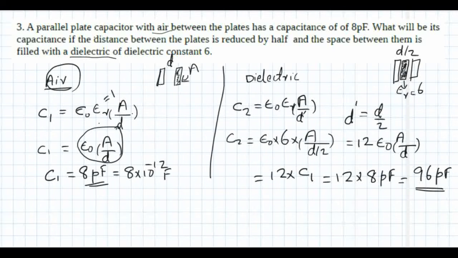Therefore, the new equation will be epsilon 0 epsilon r into A by D dash, where D dash is D by 2. Then we substitute for the value of epsilon r, and finally we get 12 epsilon 0 A by D. But epsilon 0 A by D is C1, the value of C1 is 8 picofarad. So on substitution, the answer is 96 picofarad.